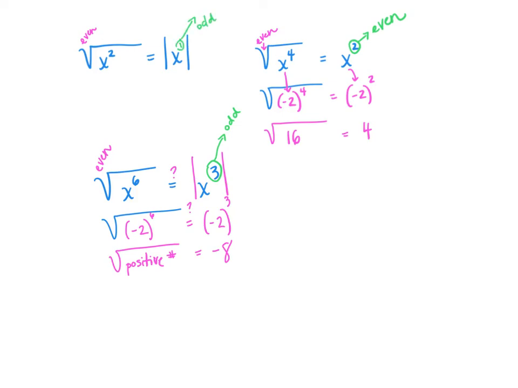So if you're looking for a pattern of when you absolutely must have the absolute value, it's when you have an even root and your answer comes out with an odd exponent on your variable.